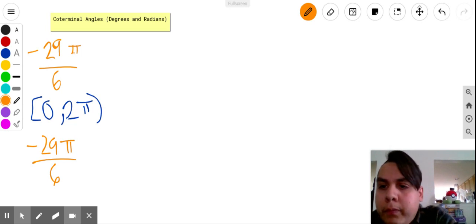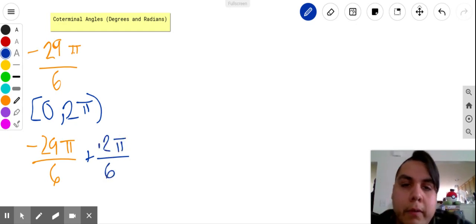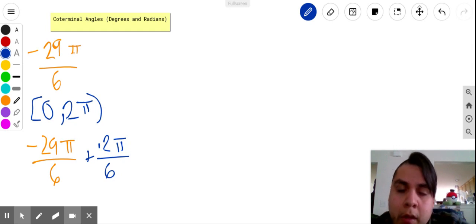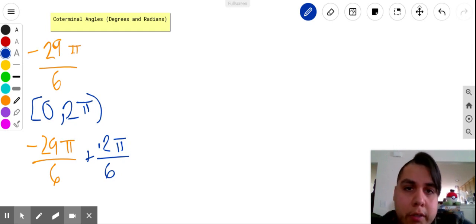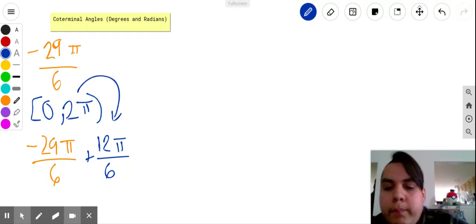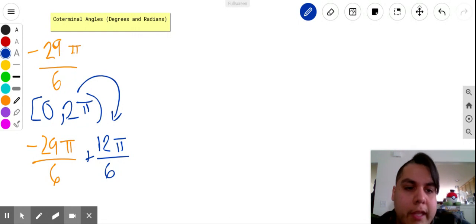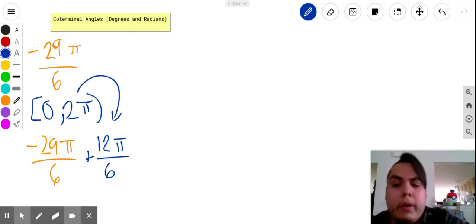So I'm going to add 12 pi over 6 because 12 divided by 6 is 2. So this answer that I have right here, this fraction, is equivalent to that. It's another way of saying it with a common denominator, so it allows me to do my work.